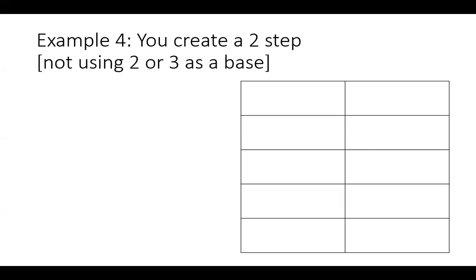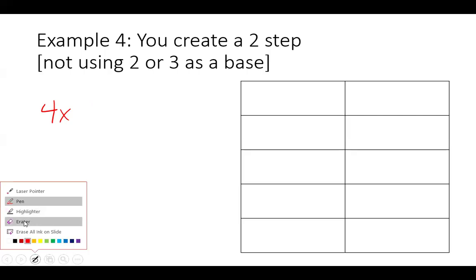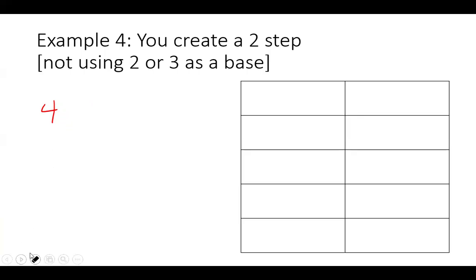So a sample one that I would have done, I would have done 4 to the x minus 2 equals 100. That's pretty straightforward.